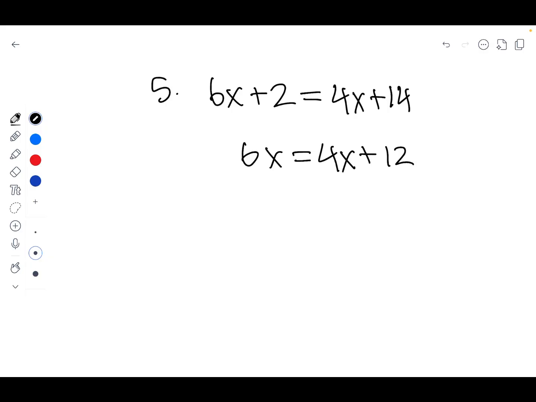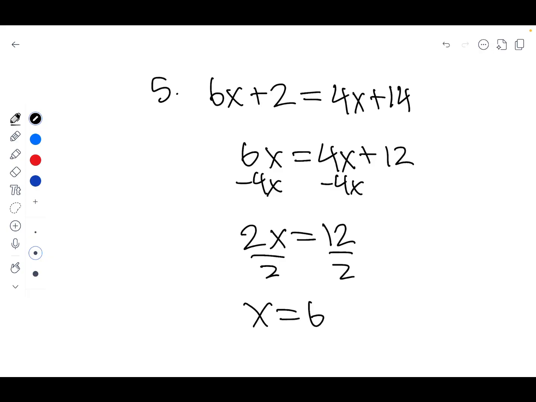Next, subtract 4x from both sides, so 6x minus 4x is 2x equals 12. Then finally, divide both sides by 2 to get x equals 6.